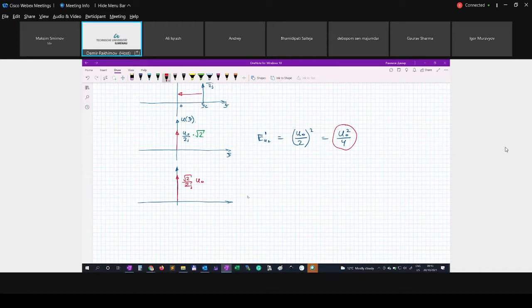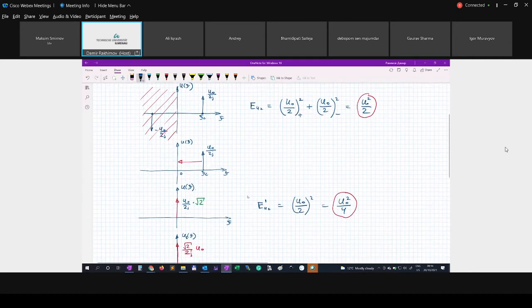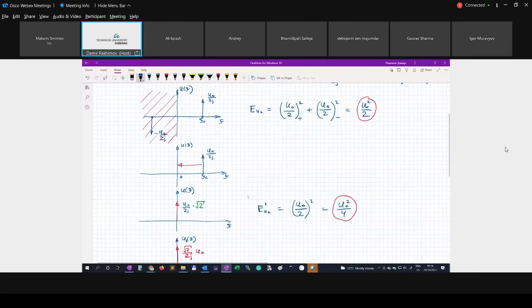This is our signal in low pass range, U of f, and we can place L, low pass range. So why did we shift the delta pulse to 0? Because here we perform the so-called band pass to low pass transformation with respect to Fc.